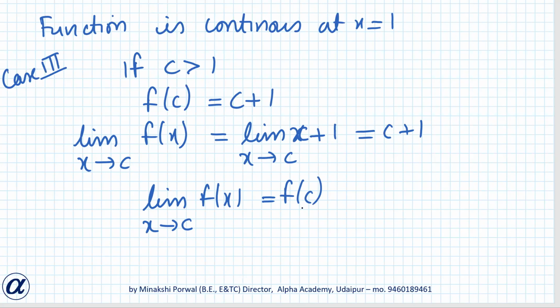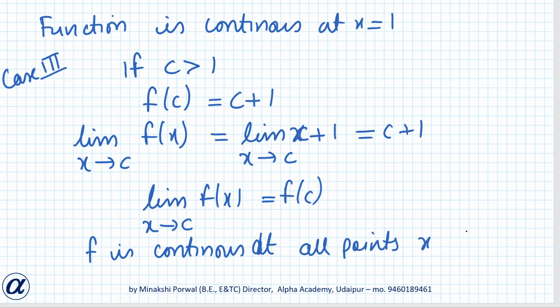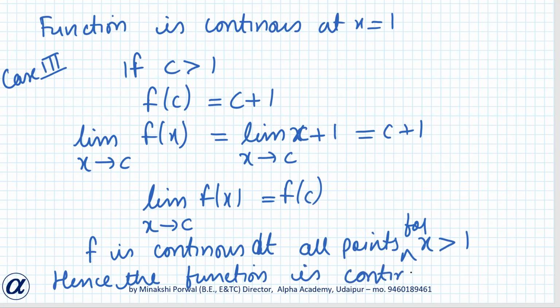So f is continuous for all points x greater than 1. So we can conclude that the function is continuous. There is no point of discontinuity. Hence, the function is continuous.